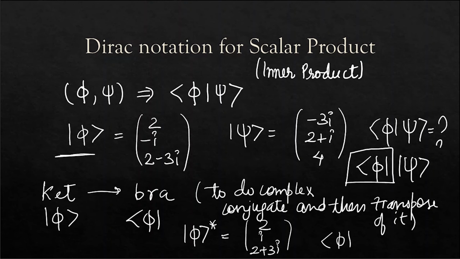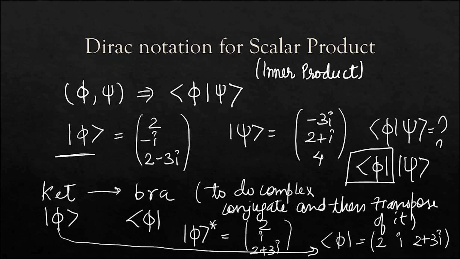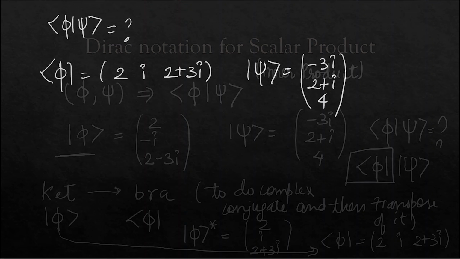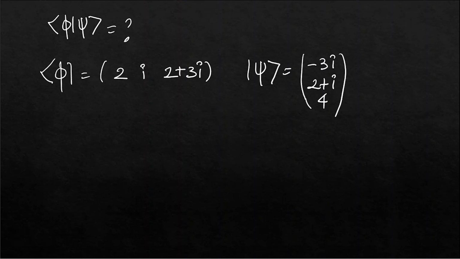It's a column, so we can change it into a row. So we arrived at the bra. This is the procedure to arrive at the bra. So we have found the bra of phi.